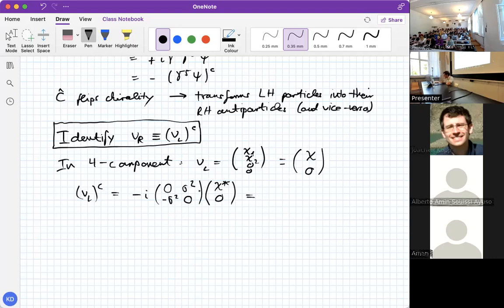So I can do this matrix vector multiplication. I end up with 0, i sigma 2 times chi star. So from a spinor that had 2 non-zero values in the upper 2 components, I've now gotten a spinor that has 2 non-zero values in the lower 2 components. And that's precisely what a right-handed spinor is.